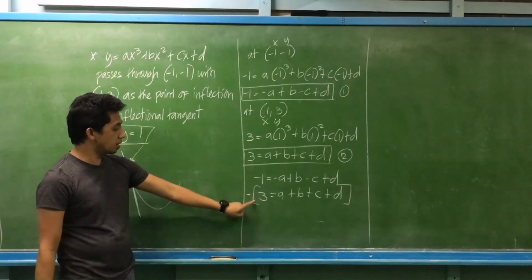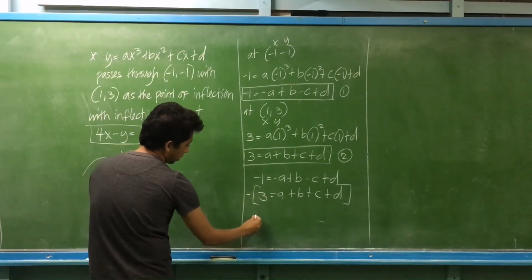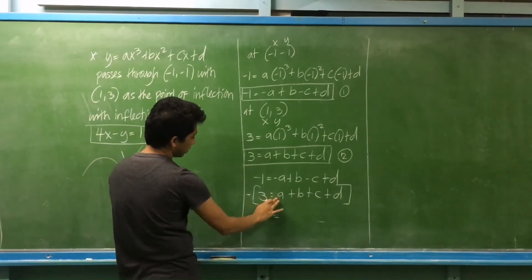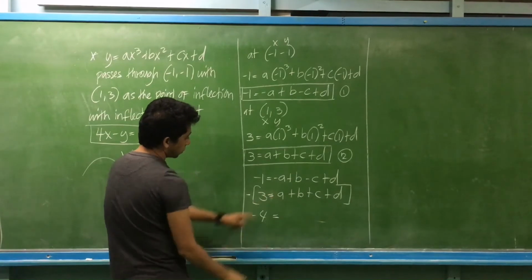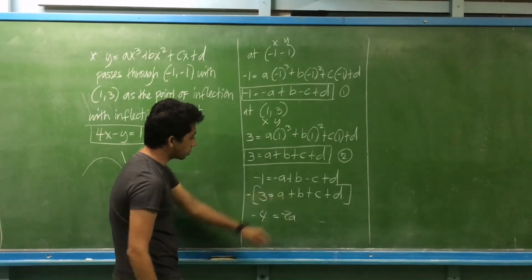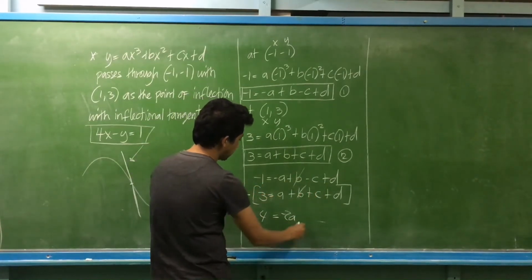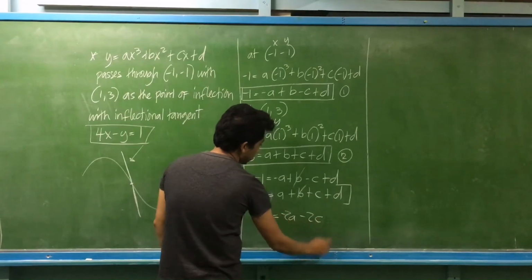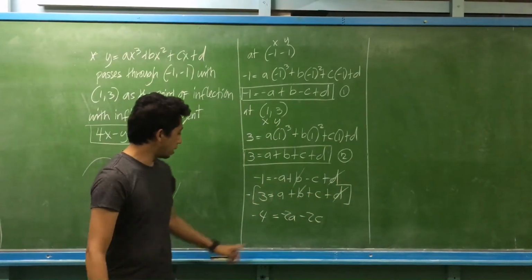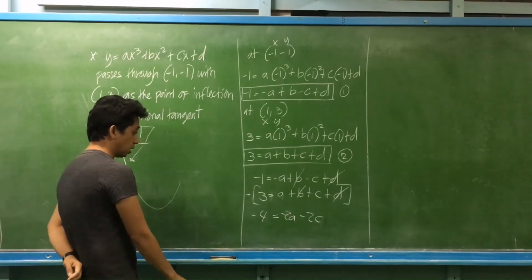So negative 1 minus 3 is negative 4, is equal to negative a minus a is negative 2a, b minus b will be cancelled. Then we have negative c minus c, this is minus 2c, then d minus d will also be eliminated. So as you can see, we have negative 4 is equal to negative 2a minus 2c.